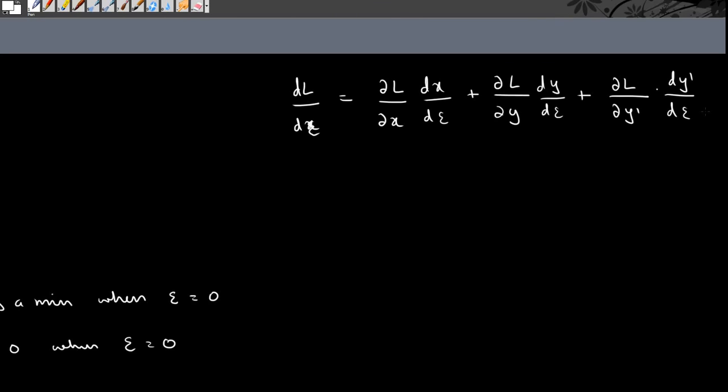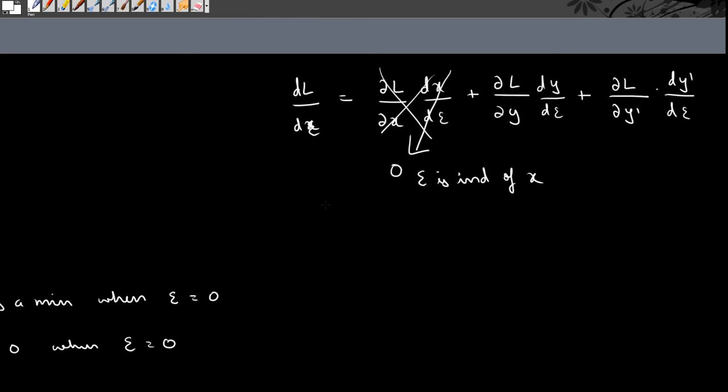Now dx by d epsilon is going to be 0 because epsilon is independent of x. So this term goes to 0.